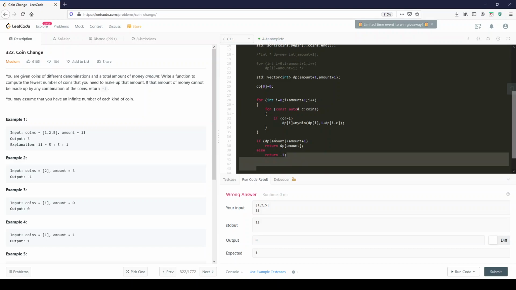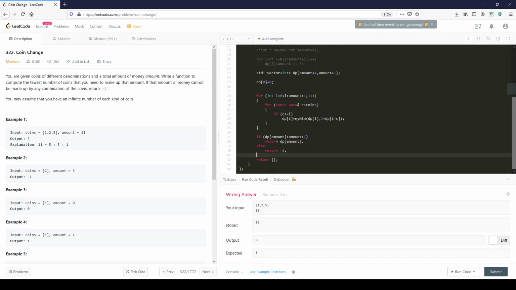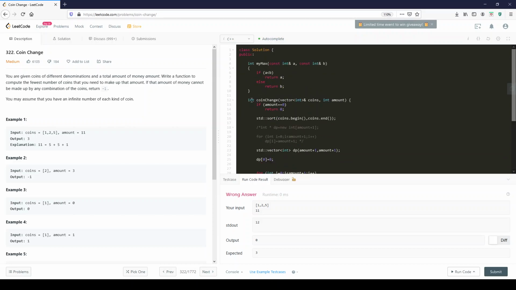That means we couldn't use anything. So there you have it. We just need to return something. It's actually never going to hit this thing over here, but the compiler might give some sort of warning, meaning that you need to return something if it's asking you to return something, which it is over here.